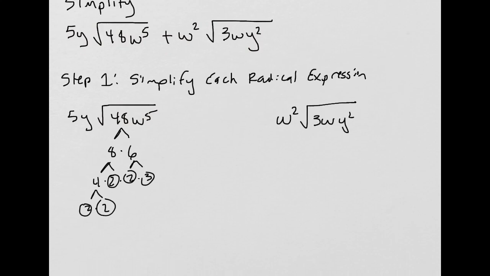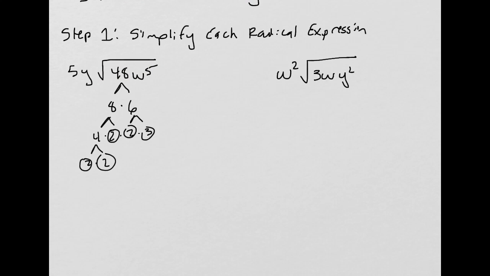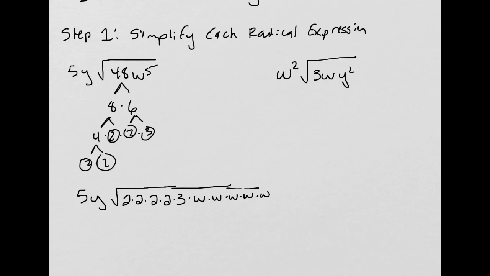So the first term, I've got the 5y on the outside. Underneath, I've got 2 times 2 times 2 times 2 times 3. So instead of writing 48, I'm going to write that as 2 times 2 times 2 times 2 times 3. And then I've got w to the 5th, which is w times w times w times w times w.